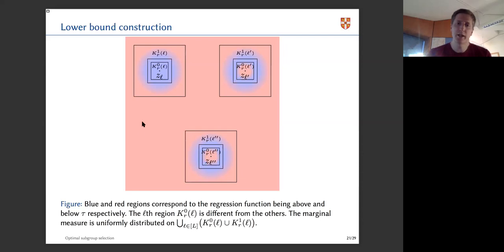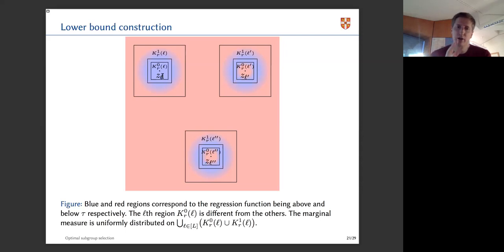But really more importantly is how the regression function behaves. The blue regions are where we're above the level tau, and the red is where we're below the level tau. So you'll notice that the curly L element of this construction, which is what I'm illustrating here, is different from the others because it's blue even in the center, whereas the others dip down below the level tau in the center.